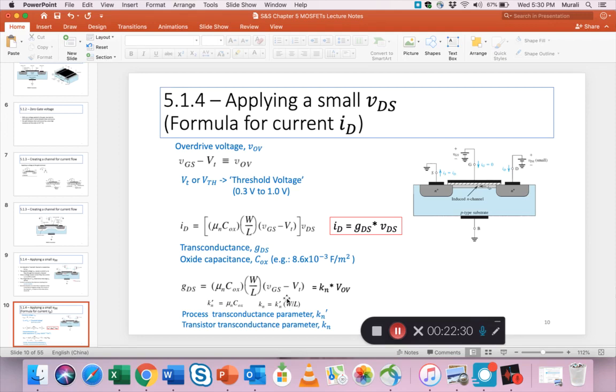All that helps us create this formula for the drain current, which is the current flowing through the device. So become familiar with this form: GDS has this simpler form, Kn times VOV. VOV is just the difference between the gate biasing voltage and a fixed voltage called the threshold voltage. Alright, we'll come back, we'll solve problems, you'll become more familiar, so don't be too worried yet.